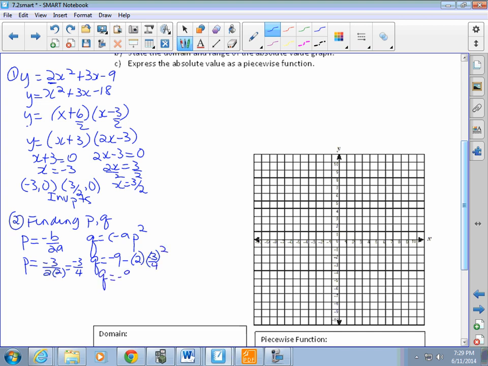So Q is equal to negative 9 minus 2 times negative 9 over, oops, 8. Sorry, that'll be a positive 9. So Q is equal to, 2 goes into there 4 times, so I have 9 minus 9 over 4.